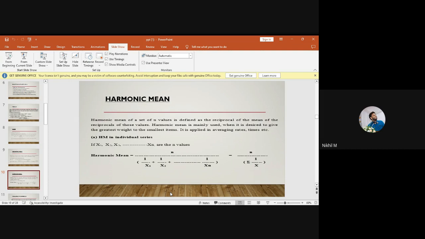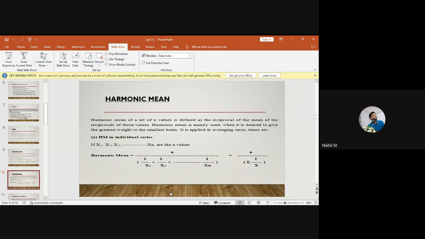The harmonic mean of a set of n values is defined as the reciprocal of the mean of the reciprocals of the values. It is mainly used when it is desired to give the greatest weight to the smallest items, and it is applied for average rate and time.